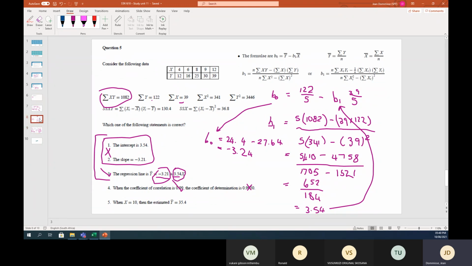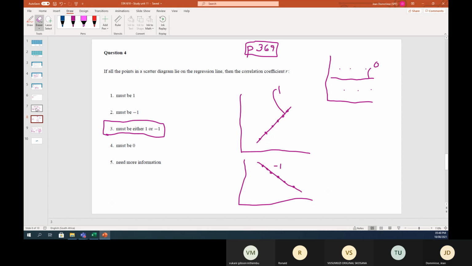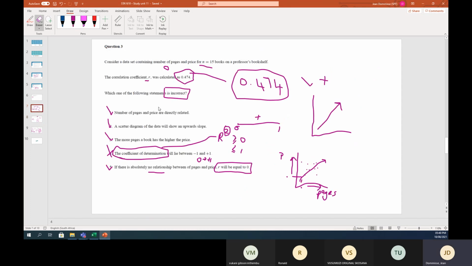What they can also do is, where was that one? They can give you this. They can then have, where we had the R, in one of the answers that you need to calculate what R square is.